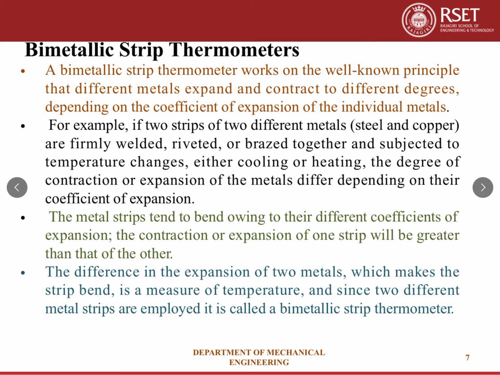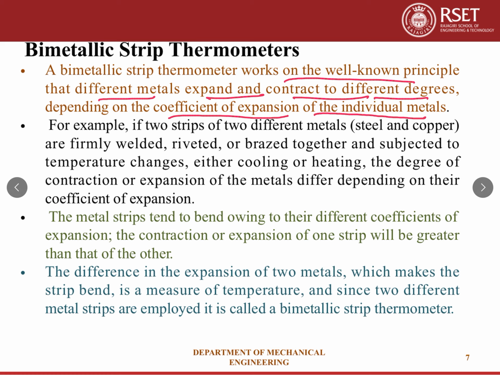A bimetallic strip thermometer works on the well-known principle that different metals expand and contract to different degrees depending upon the coefficient of expansion of the individual metal. So certain material will expand more compared to some other material when there is a temperature change, and this also depends upon the coefficient of thermal expansion alpha.